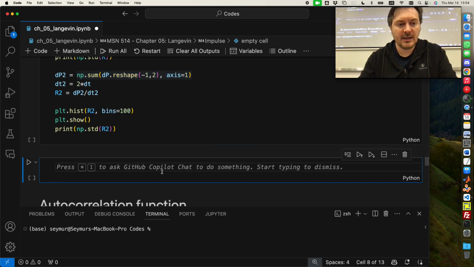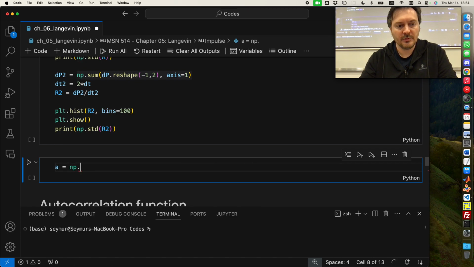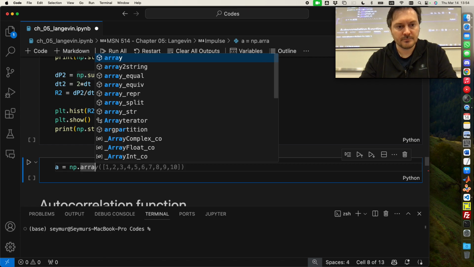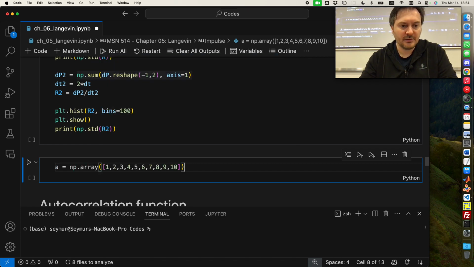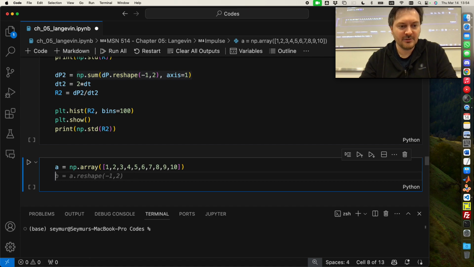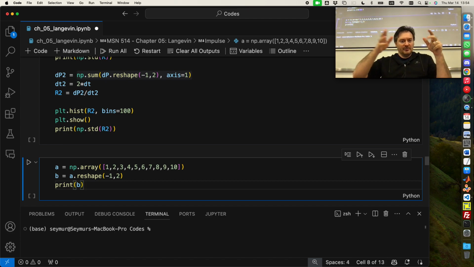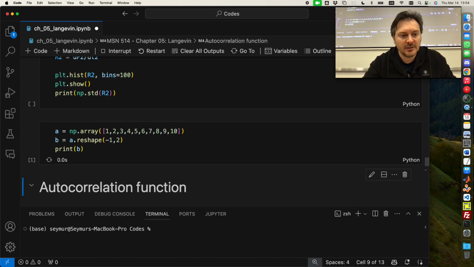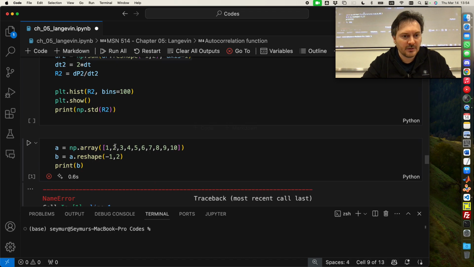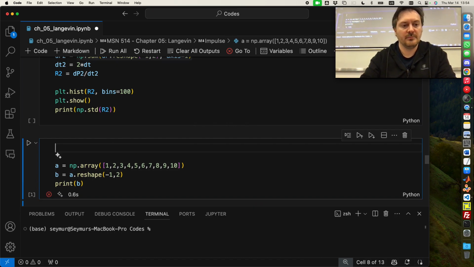So let's say I have an array A equal to 1, 2, 3, 4, 5 up to 10. Then when I do this reshaping, it tells me that I don't have NP.